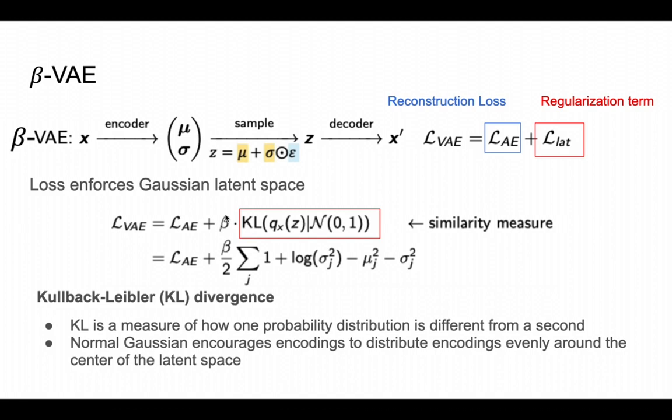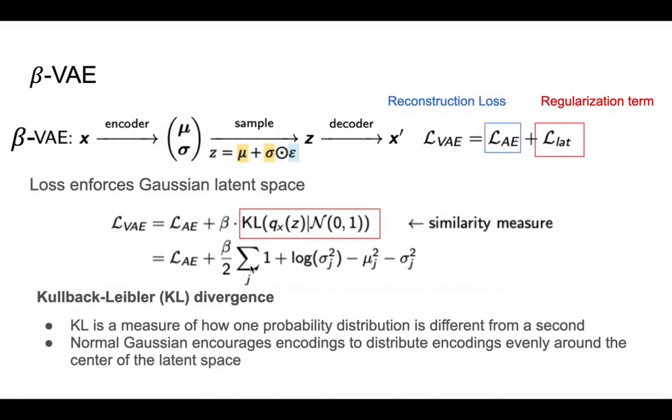Introduction of this beta vector can control the constraint coming from the regularization term. This normal Gaussian can be written as this formula. More detail of the derivation of this formula is beyond the scope of this lecture. However, at the end of this lecture, we provide references for interested readers to dive in detail.